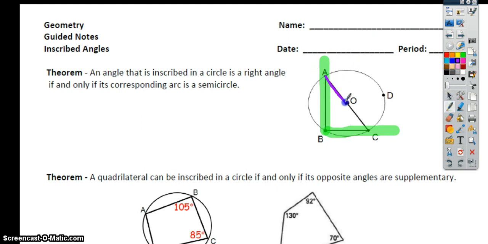Diameter is AC. One side of the angle passes through C, one side passes through A. Anytime that happens, then it's got to be 90, because this has to be a semicircle. On one side of a diameter is a semicircle. That whole thing over here is a semicircle. That's 180. So if that's 180, the angle is 90.